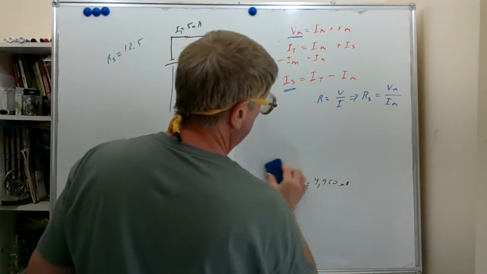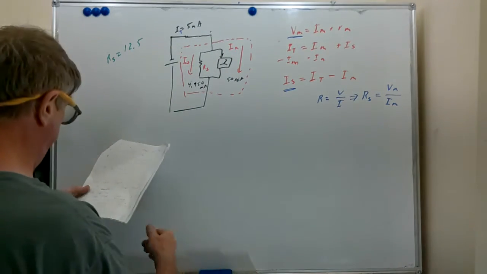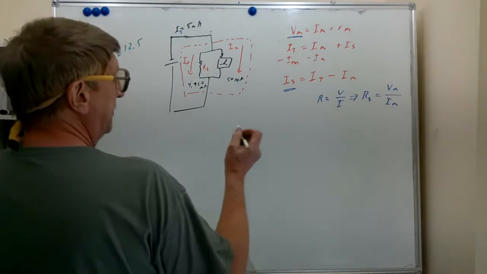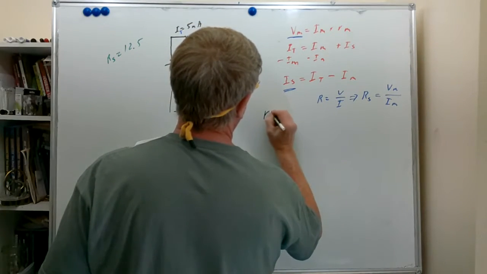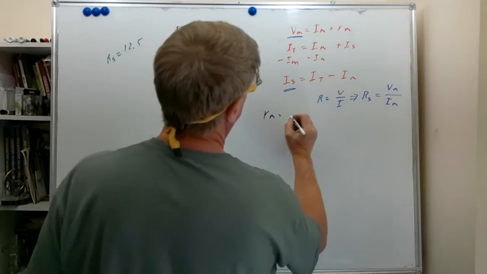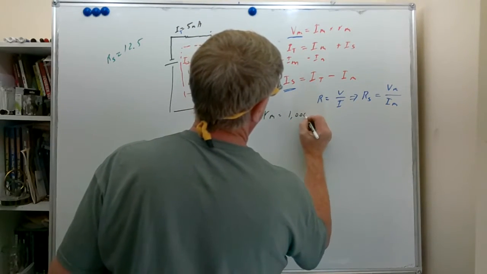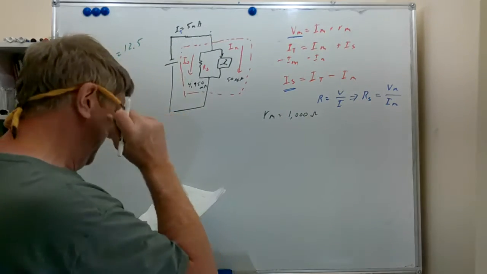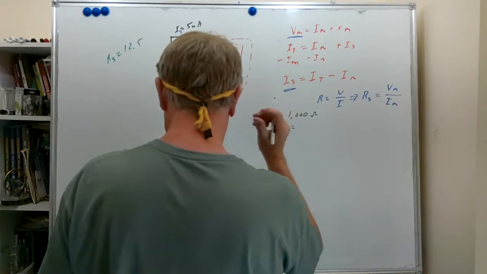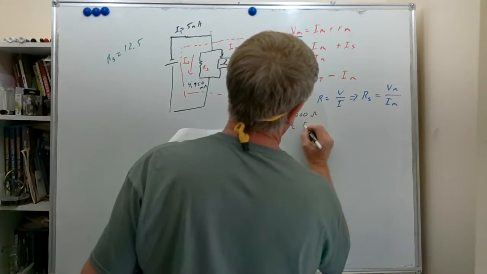And we're going to do another one here. We're going to be given some different information. We're given RM, which is equal to 1,000 ohms. We're given IM, which equals 50 microamps.